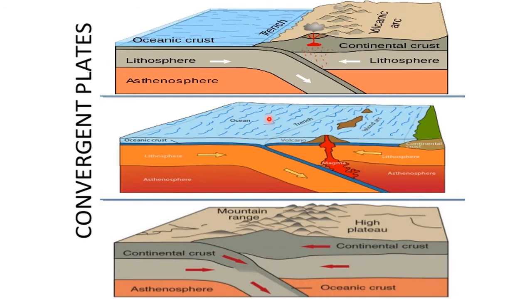As we can see all these three settings in this particular diagram: the convergence between continent and ocean, between ocean and ocean, and between continent and continent. Let's explain these settings one by one.